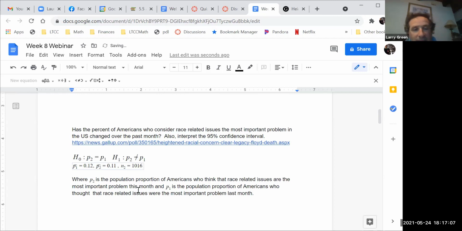So N2 means the second sample size. And then N sub 1 was equal to, I believe it was 961, if my memory is right, for last month's survey that Gallup did. Any questions so far? Clear enough?